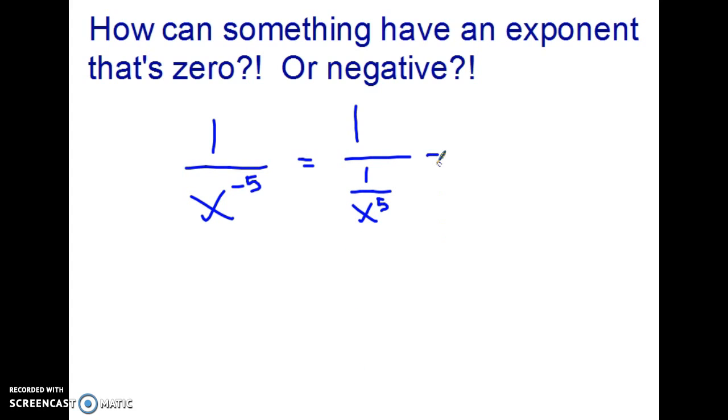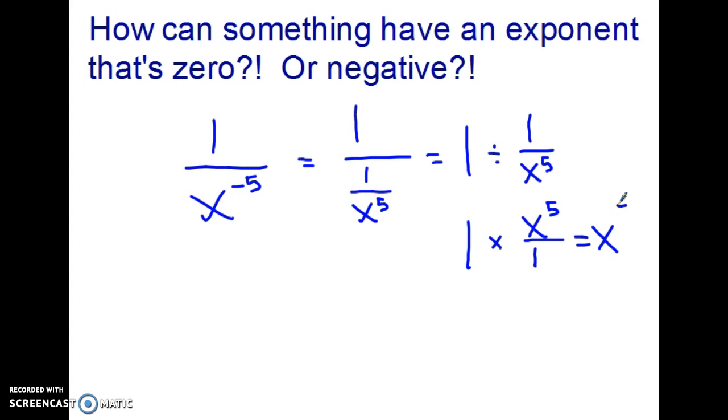So I'm going to write it this way: 1 divided by 1 over x to the 5. And you might remember from back in pre-algebra that dividing by a fraction is the same thing as multiplying by its reciprocal. So I'm going to write that as x to the 5 over 1. In other words, just x to the 5.